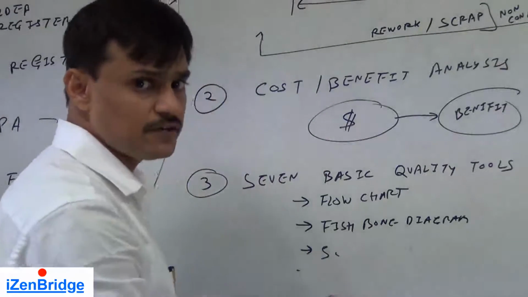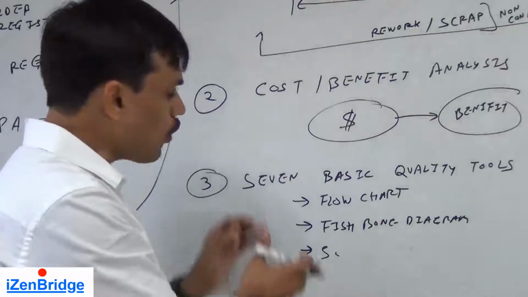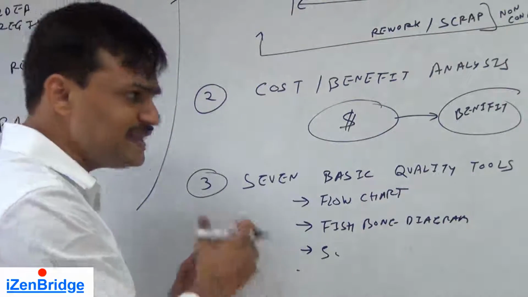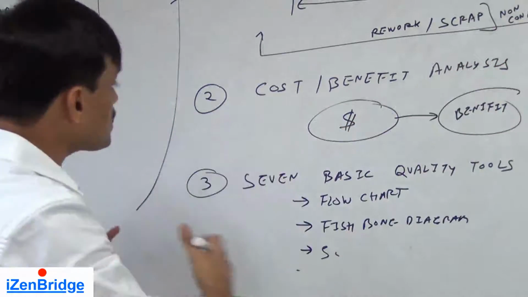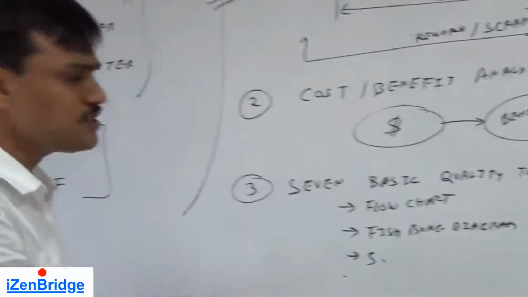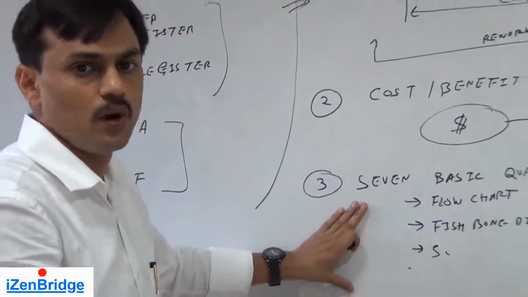We discussed these 7 tools in our previous discussion. So all these tools are relevant, and they are relevant for all our quality management knowledge areas. So in project quality management, all the processes would be using these 7 basic quality tools.